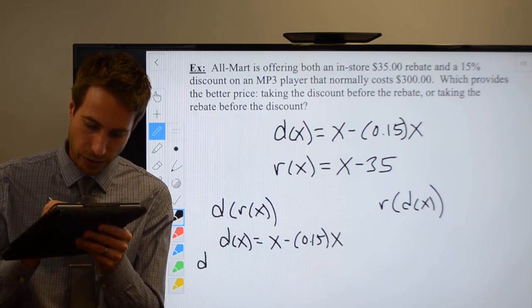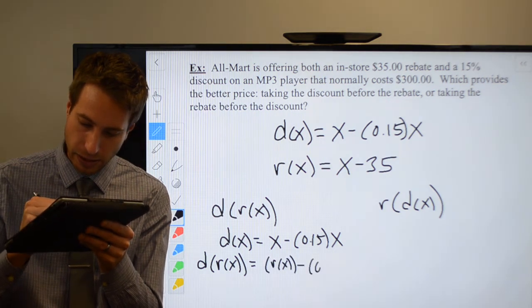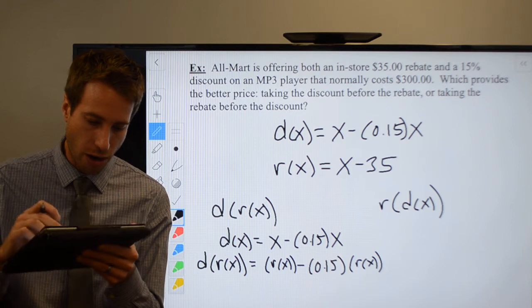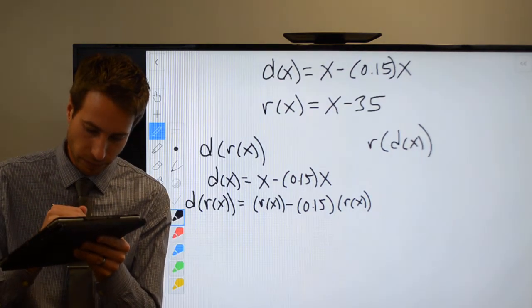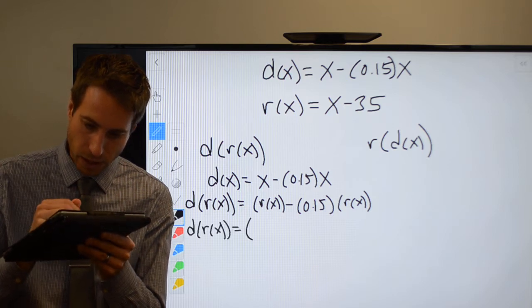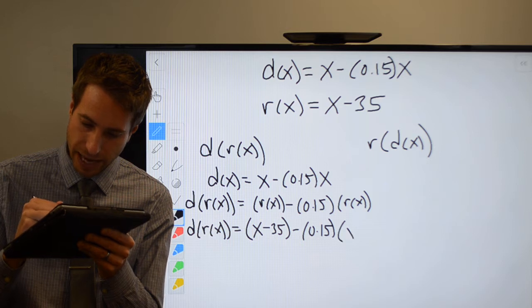I'm then going to plug r of x into that, so that's r of x minus 0.15 times r of x. Plug in what r of x is: x minus 35 minus 0.15 times (x minus 35).